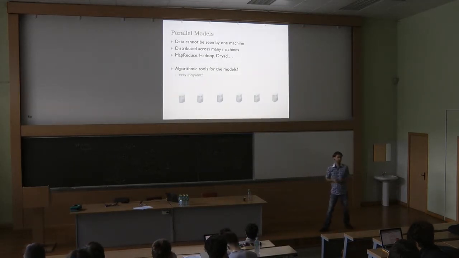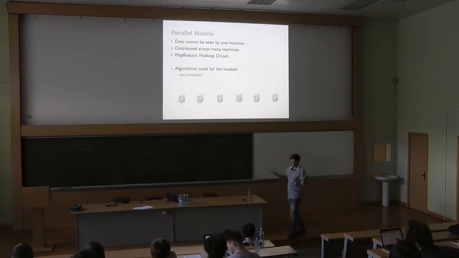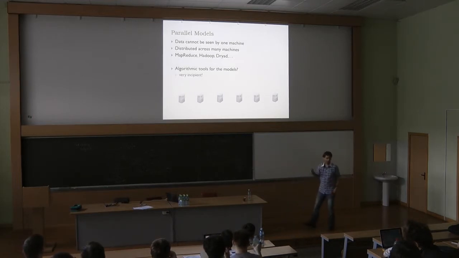And as you've seen especially in Mihai's lecture and some other lectures, there are these parallel models where we have a bunch of machines and we hope to attack the data in parallel at the same time. So rather than scanning through it with just one machine, which even that takes time, now we have a lot of machines and we still want to do some cool algorithmics, right?